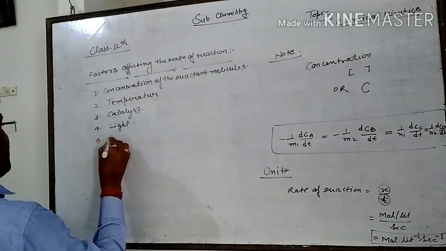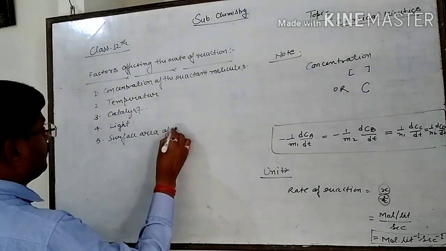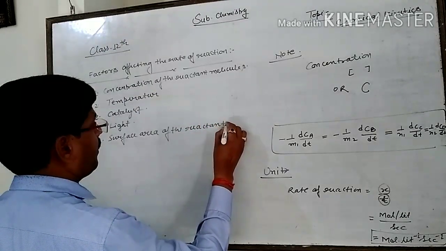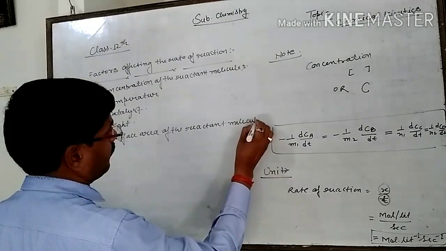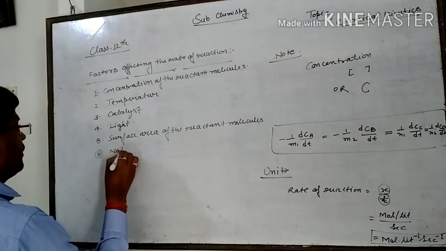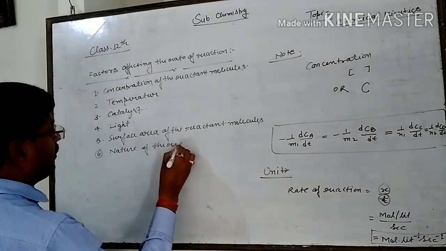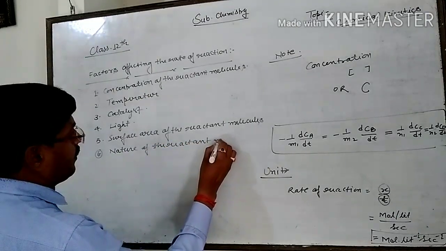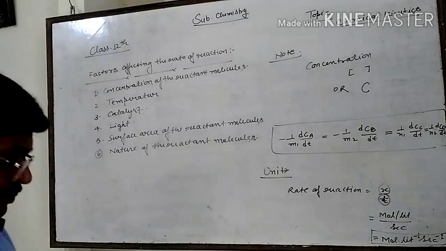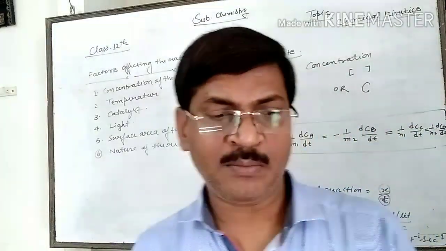Fifth one, surface area of the reactant molecules, and sixth one, nature of the reactant molecules. So these are the factors having a great effect over the rate of the reaction. So one by one I have to discuss with you.